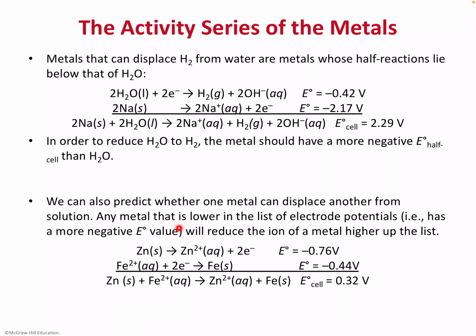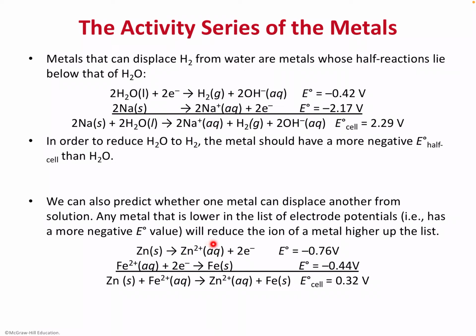We can also predict whether one metal can displace another from solution. Any metal that is lower in the list of electrode potential has a more negative E naught value, and will reduce the ion of a metal higher up the list. Between zinc and iron, so negative 0.76, negative 0.44. Which one is going to act as the oxidation?